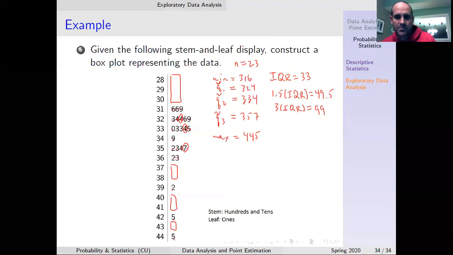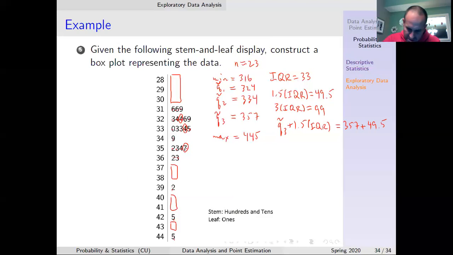So what does that mean? Well, I need to look at what Q3 tilde plus 1.5 IQR is. Q3 is 357, plus 49.5.